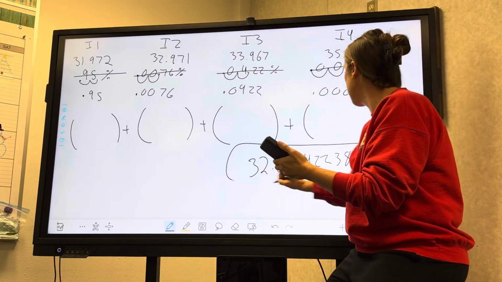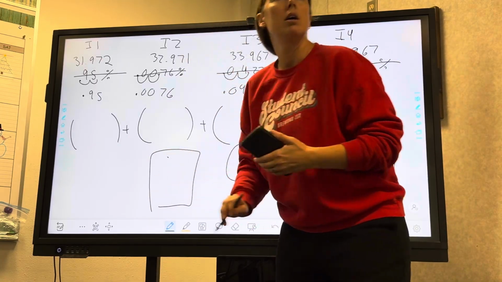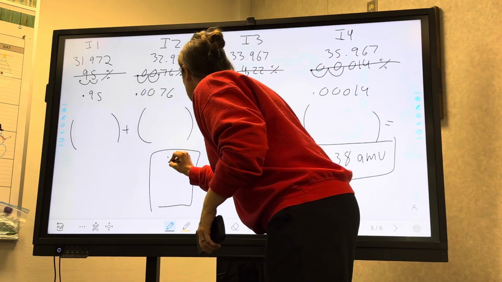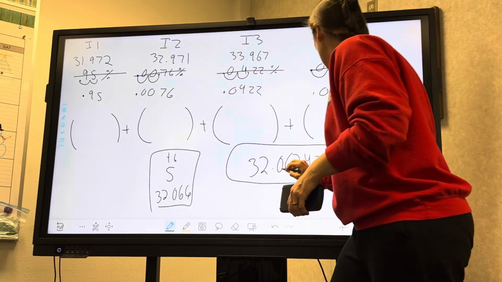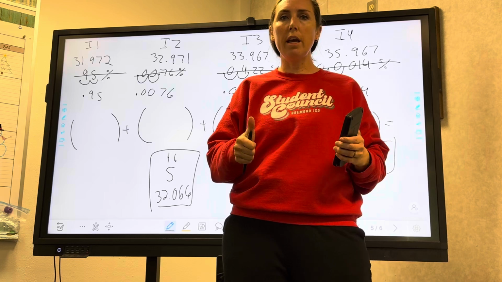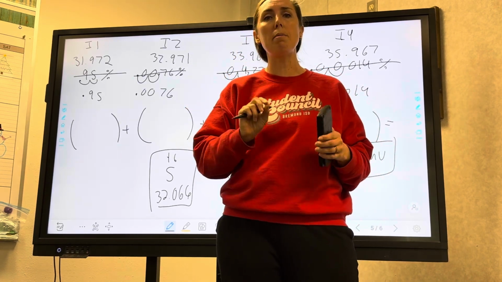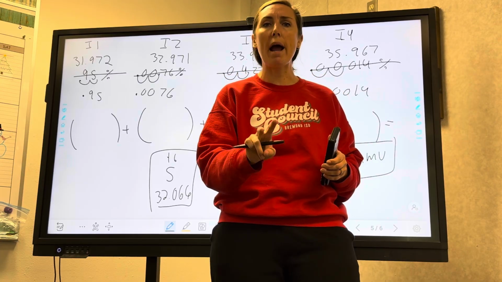Let's compare it to sulfur's periodic table. 16S, 32.066. So close. Okay, so if you need any help, let me know. This is the first 4 questions on the first practice. I'm about to post our 2 extra questions from practice number 2.